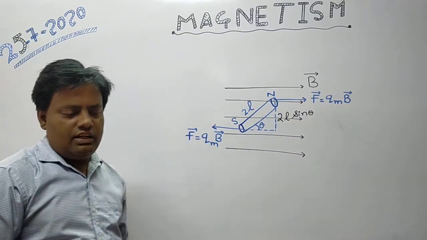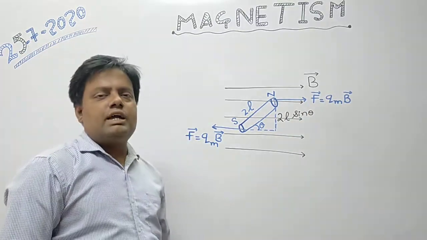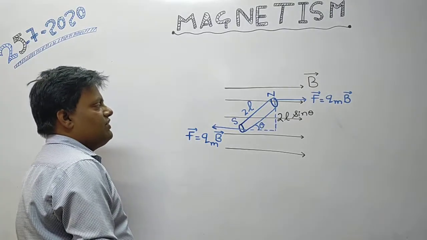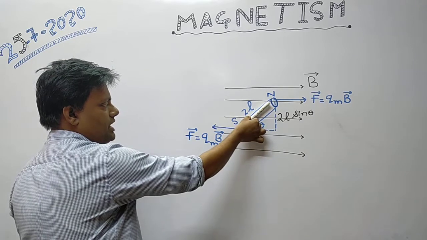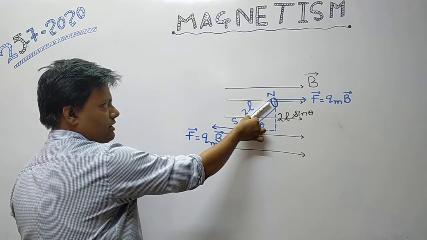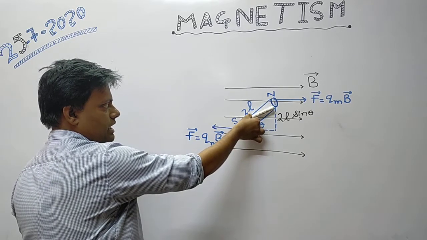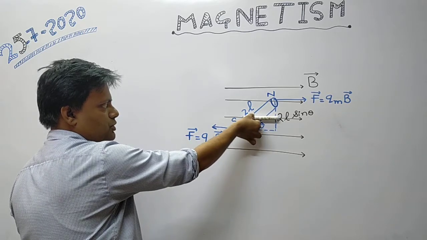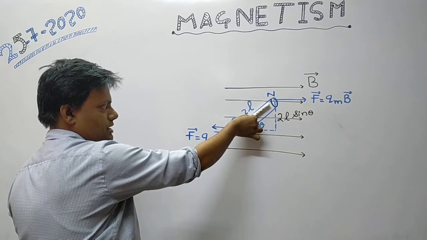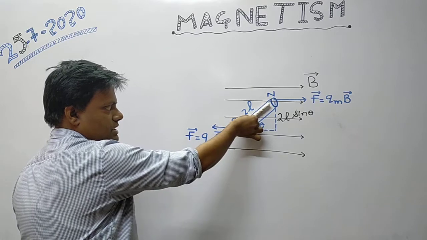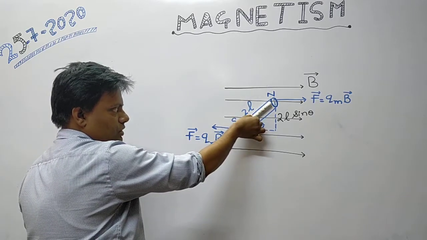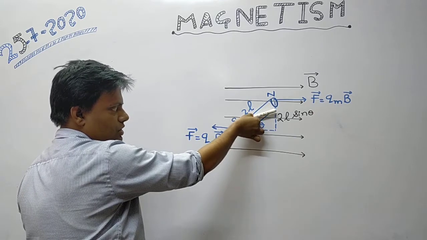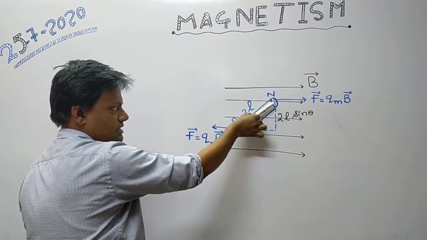Now this magnetic field will make this dipole align in the magnetic field direction like this. This is the dipole and the forces act in these directions, and the two equal and opposite forces make a couple, due to which this magnetic dipole rotates in the uniform magnetic field like this.